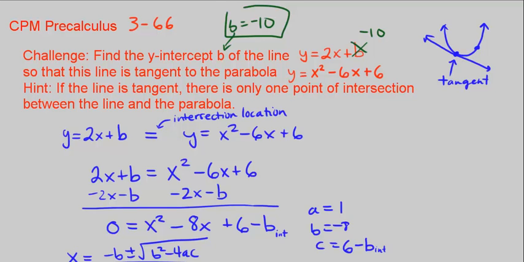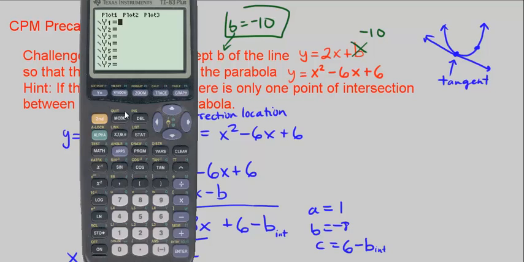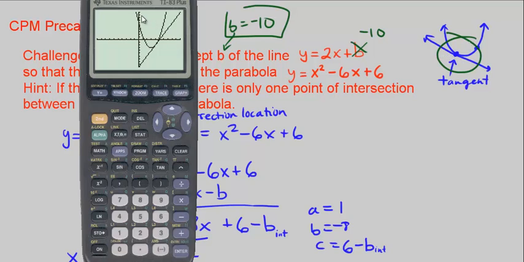So let's graph this. I'm going to go ahead and graph 2x plus negative 10, right? That's our line. And then also x squared minus 6x plus 6. Graph that. I'm going to see that we have a tangent just like we're talking about, right?